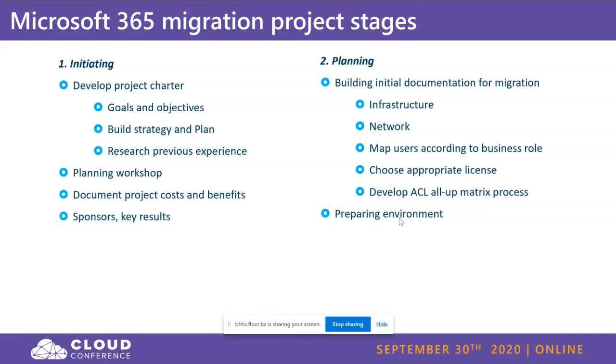And also, we have to create a list with all the rights and permissions that our colleagues will have in Exchange, SharePoint, or OneDrive. Keep in mind that when we are migrating to Teams, there are only two roles for each team: owner and member.